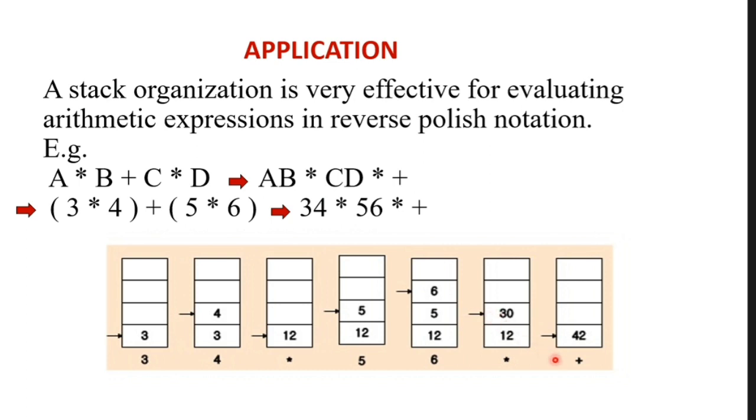Then I will use the operator plus. The top two elements are 30 and 12. They will be popped, added, and the result will be pushed in my stack memory. This is how you can evaluate an arithmetic operation in reverse Polish notation by using a stack memory.